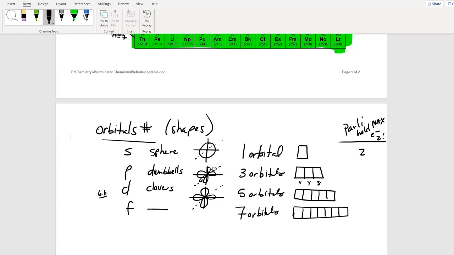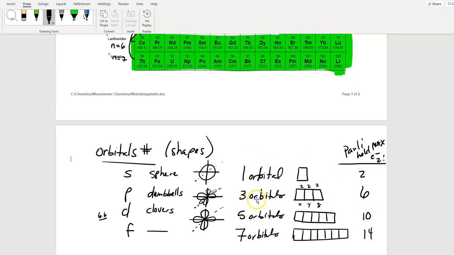But a P has 3 different orbitals, and each orbital can hold a maximum of 2. Well, if each one can hold 2, that's 6. And a D has 5. Each one of them can hold 2. 5 times 2. Okay? Not rocket science. We're just multiplying. And then 7 times 2, 14. You remember what I just labeled on my periodic table?